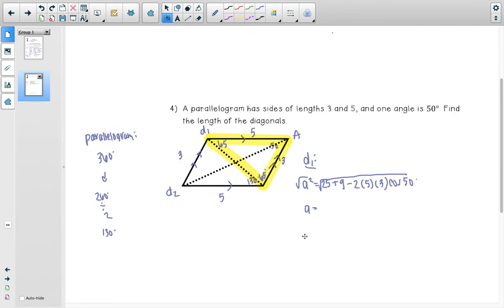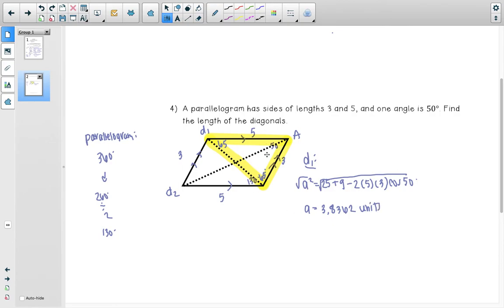If you calculate all of this, and you do the 25 plus 9 minus 2 times 5 times 3 times cosine of 50 degrees, you get a length of 3.8362 units.